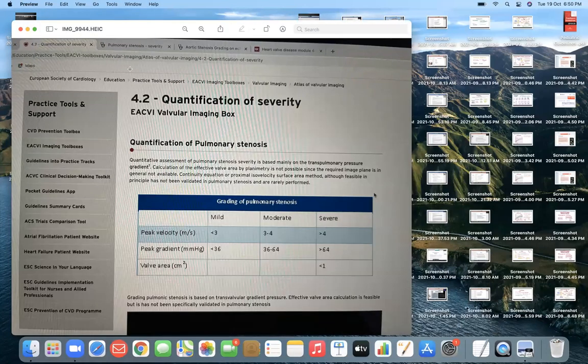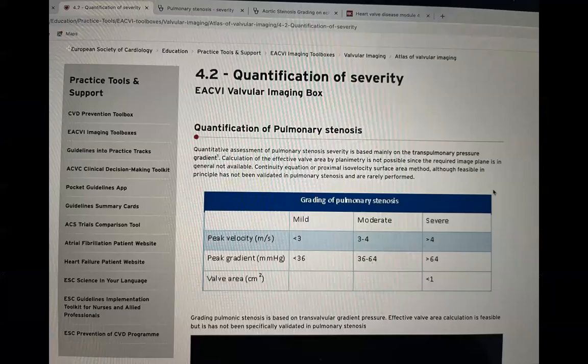Let me see. I have taken one picture, from the European Society of Cardiology. So less than 40 is mild, 40 to 60 is moderate, and more than 60 is severe.